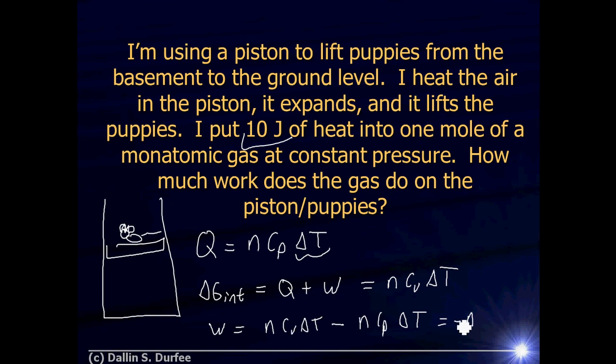So this is just negative N times R delta T. And I found delta T up there. So anyway, it's just algebra at this point. Just showing you how you can use different equations to bring things together. All right, there you go.